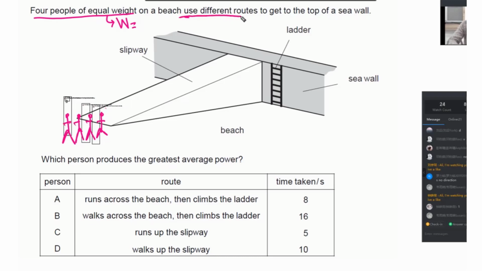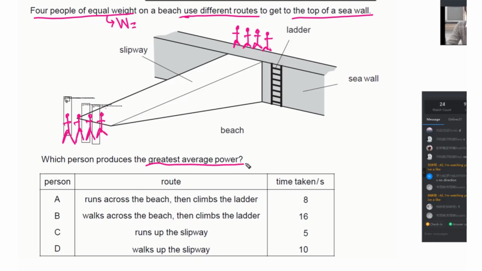On a beach, they use different routes to get to the top. It means these people reach this top by following different routes. The question is asking us to find out which person produces the greatest average power.